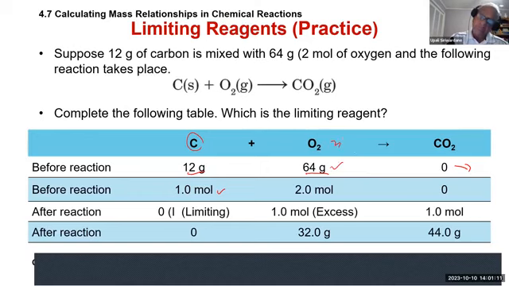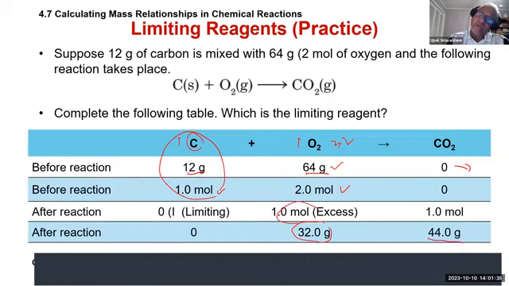Oxygen's molar mass is 32. 2 moles. If you compare 1 to 1, you can always see this is going to be limiting. Why? There's 1 mole, that's 2 moles. Excess 1 mole or 32 grams of oxygen is going to be in excess.